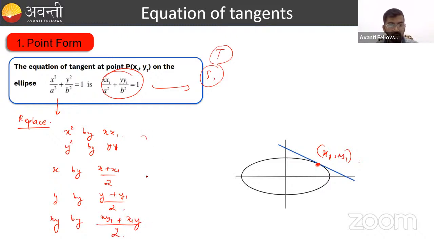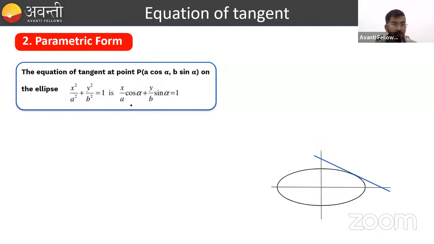So these are all the replacements which are necessary to find the equation of tangent in point form. This we have already studied, right? So this is the equation of our tangent. Let's not forget that.